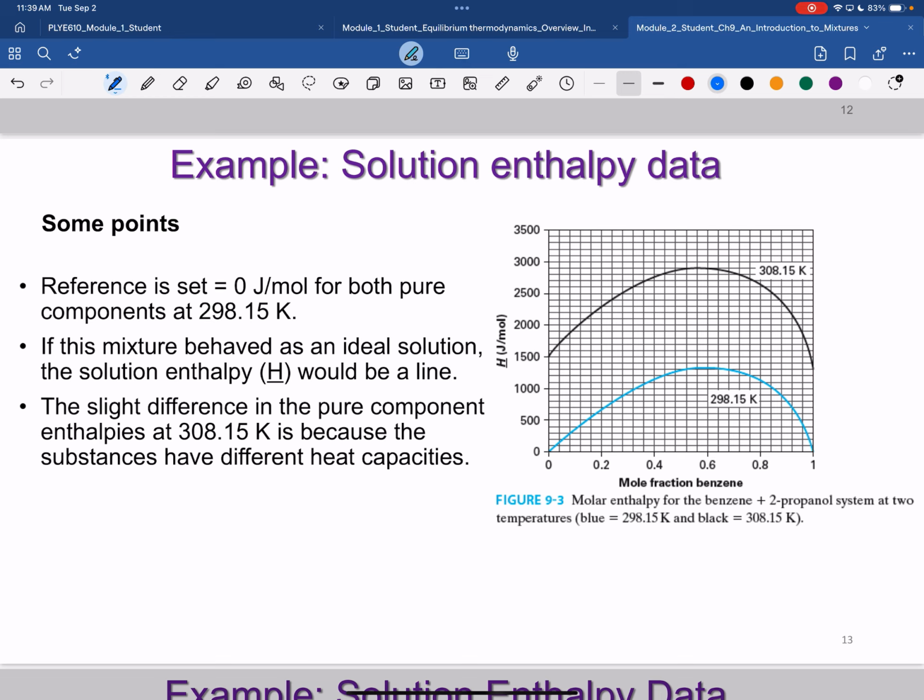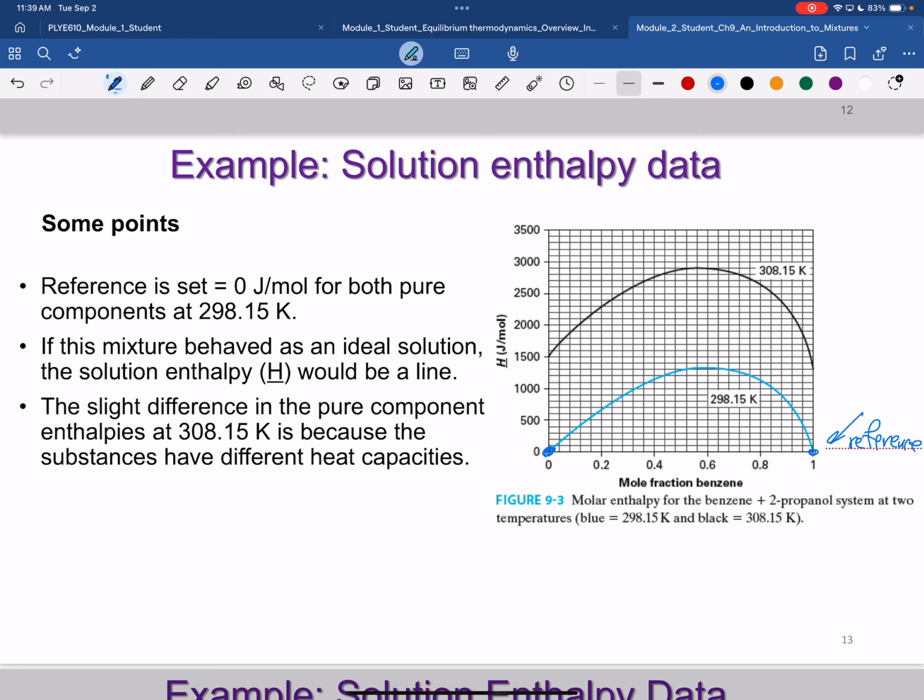So the reference point is set at 298 K. For pure components at 298, the enthalpy is set to 0, right? So I'm talking about these two points here. These are your reference points.